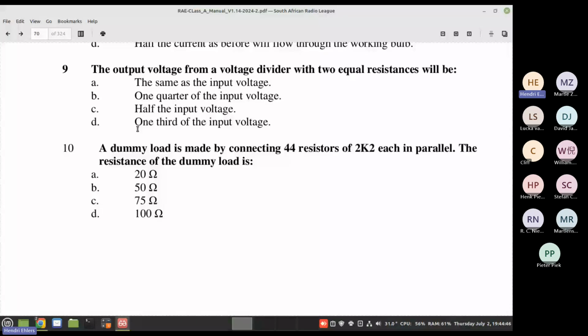No, A is not correct. C is correct. Yes, voltage divider. If both resistances are equal, it's going to divide the voltage exactly in half, so it will be half the input voltage. So C is correct.